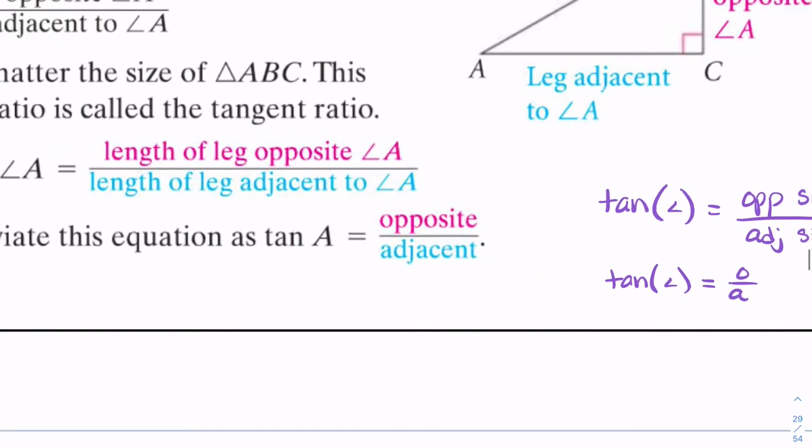Tangent of your angle A is equal to opposite over adjacent.